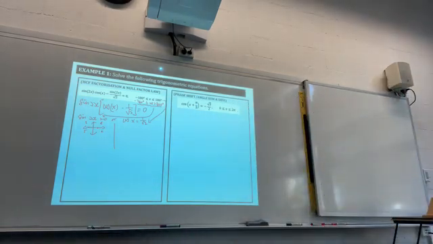So therefore, 2x equals minus 360 degrees, minus 180 degrees, 0 degrees, 180 degrees, and 360 degrees. So therefore, x equals minus 180, minus 90 degrees, 0 degrees, 90 degrees, 180 degrees. All right, let's solve for the next one.